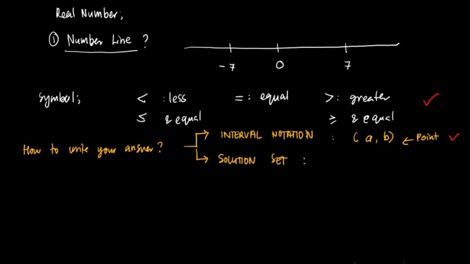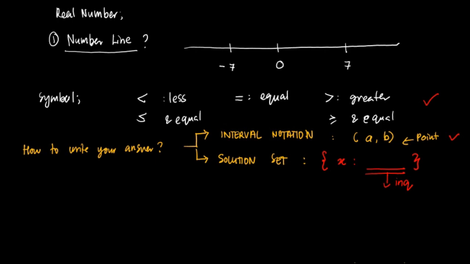For the solution set, guys, please listen to me. Solution set must be in curly brackets. Next is x, then a colon, and then you put your inequalities here. The inequalities can be of many types.